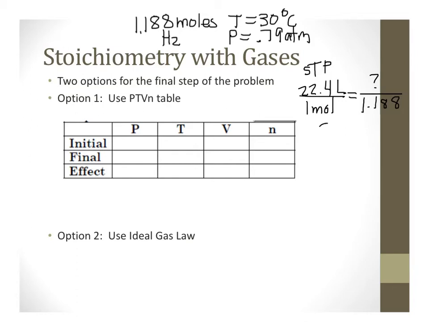So when I do the math, that says that at STP we'd have 26.6 liters of gas. So I'm going to fill out the table here. It would be 26.6 liters at STP, which is 1 atmosphere and 273 Kelvin.